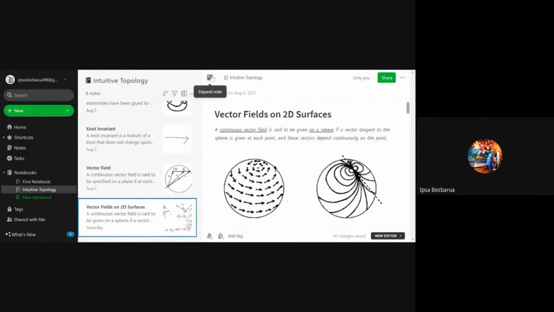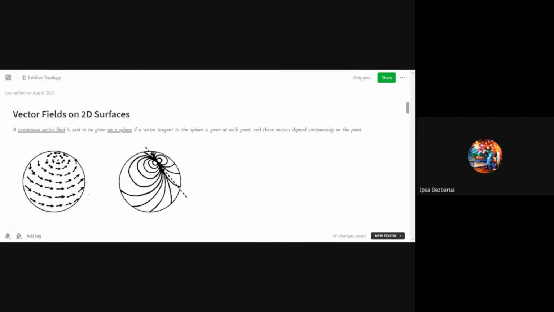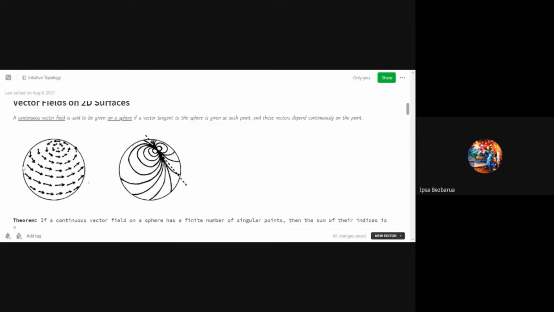Next, we come to vector fields on 2D surfaces. As I showed you a little while ago, here are two pictures of vector fields on a sphere. You can notice that picture 1 has two singular points, and at each of these singular points, the index is 1.